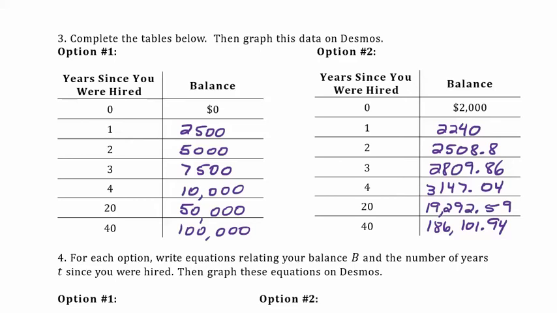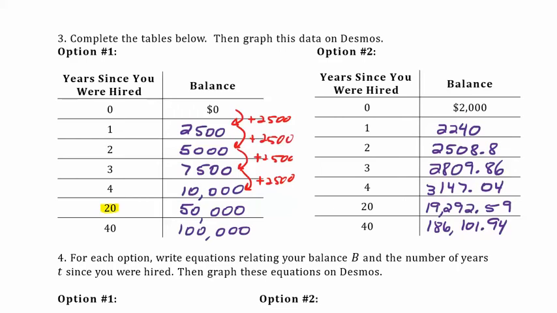Alrighty, take a look at the table. How did you do? Hopefully you got it. I'll write out a couple things here. Again, I think we do pretty well when we're just adding 2,500, adding 2,500, adding 2,500. Some students struggle a little bit when we skip now and we're going up to year 20.